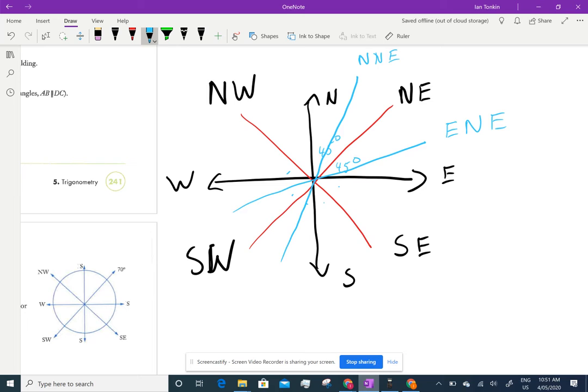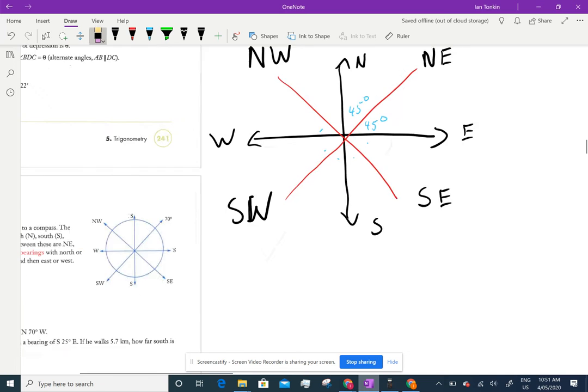And that'd be 22.5 degrees. But I don't think they're going to ask you about the 16-star compass. I think they'll leave it at the 8-star compass.